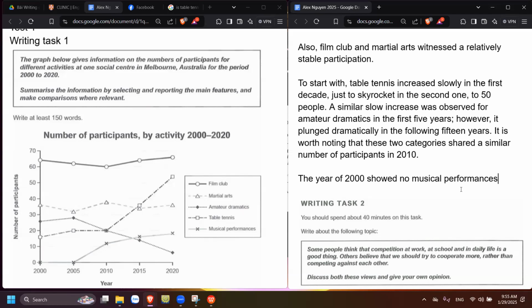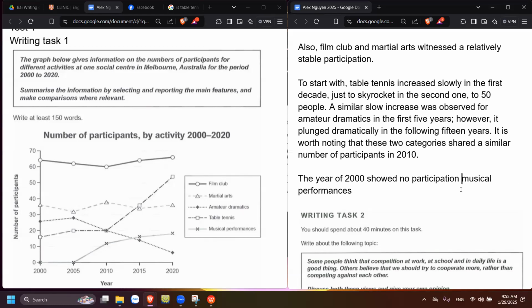Though the year 2000 showed low participation, between 2005 and 2020, there was a major and gradual increase in musical performances. Yeah, I agree. The year 2000 showed no participation in musical performances.